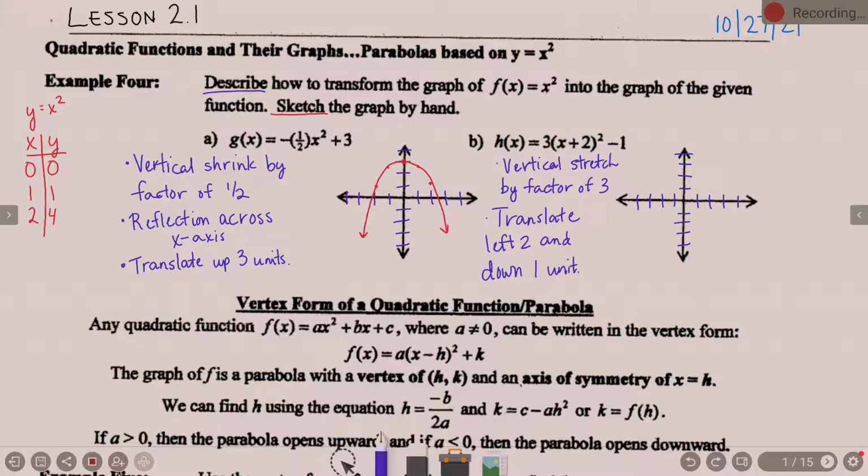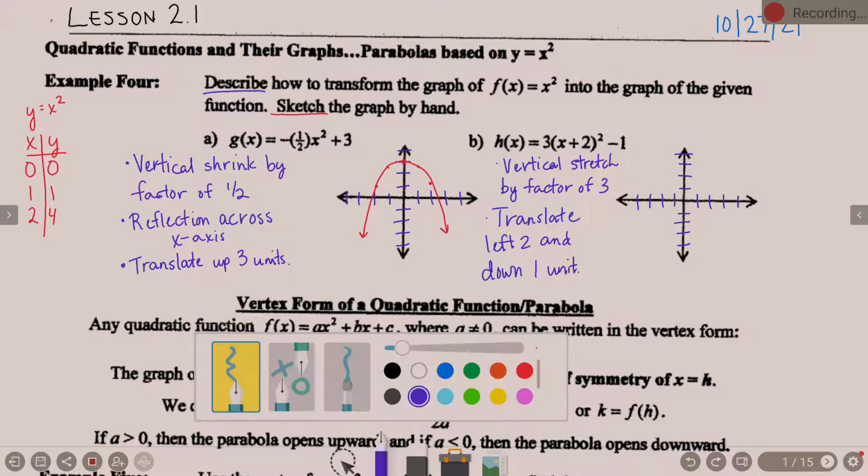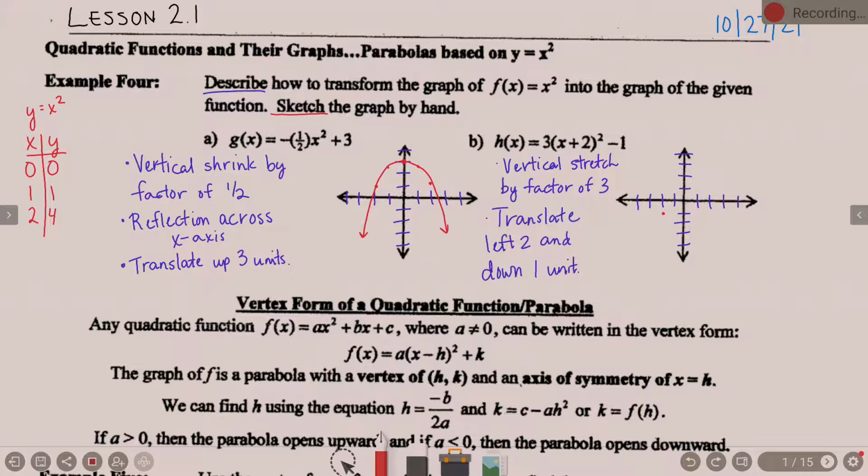Okay, so what do you know? Where does my vertex have to go? Left 2, down 1. That's the easy part, right? Now, a normal shape from there goes over 1, up 1, over 2, up 4.